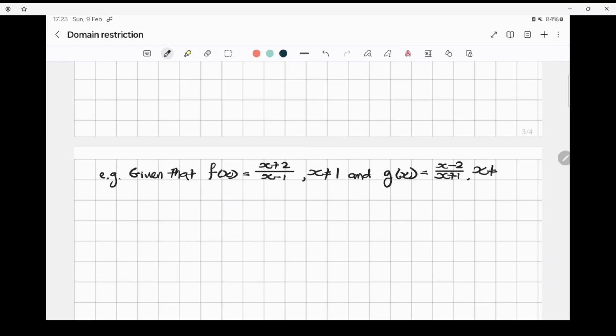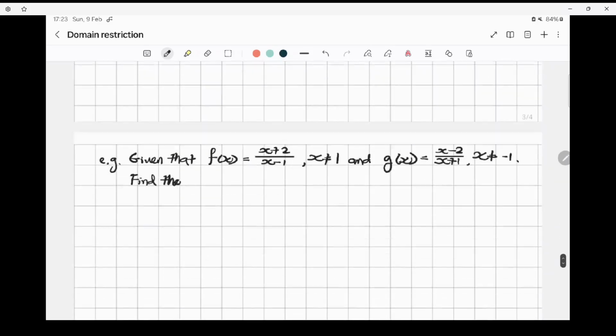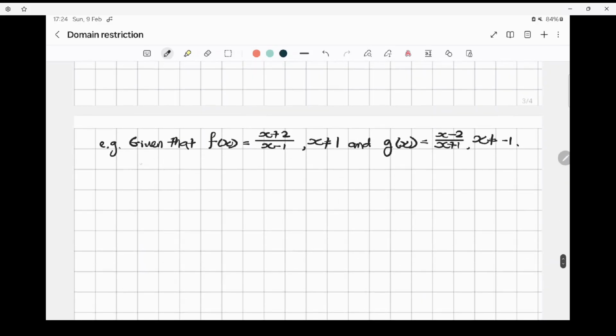We know for sure x cannot be minus 1. Define the composite functions, so it will be fg and gf.